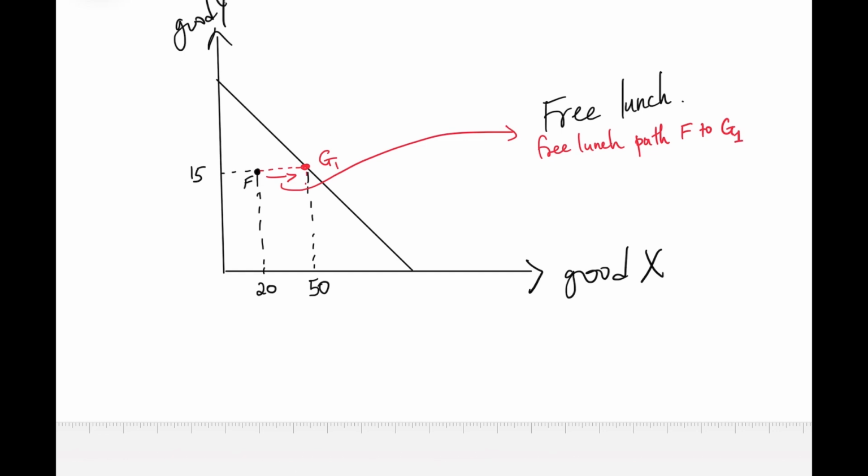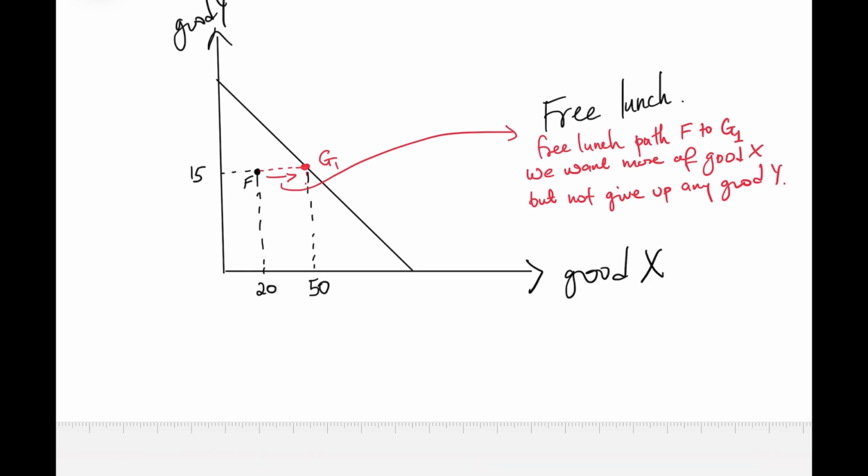Free lunch path F to G1, we want more of good X, but not give up any good Y. So you start from an inefficient point F and go straight to the right onto the frontier.